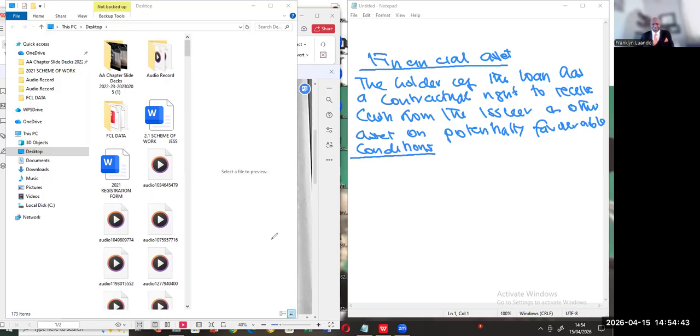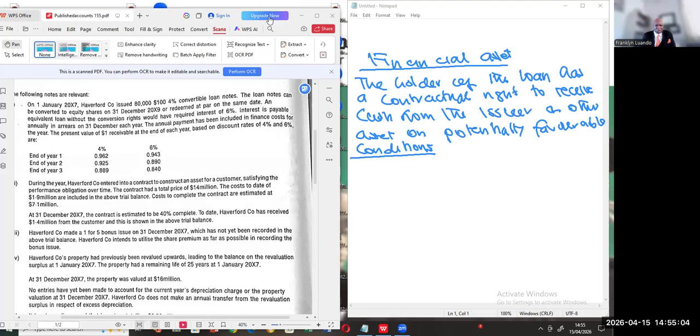So those are the explanations on the financial assets, financial liability, equity instrument. So now I want us to focus on the question which came as an adjustment.